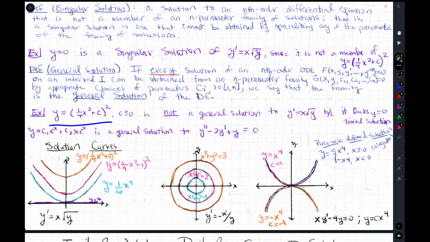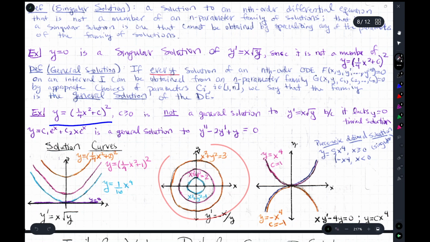Here, of course, we have explicit solutions. We could fix c to 1, and then we get that solution curve. We could fix it to 2, and we get this, and on and on and on for any real number c greater than or equal to 0. We even have this solution here, y equals 0.